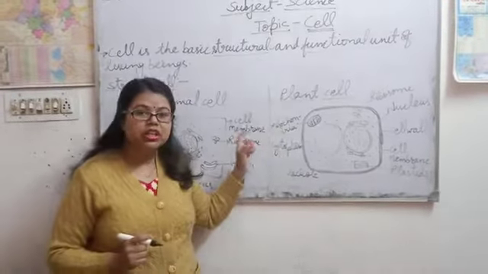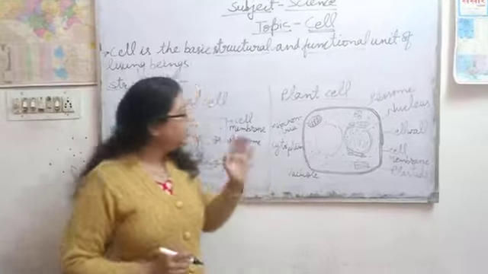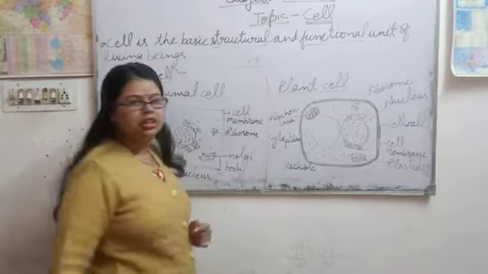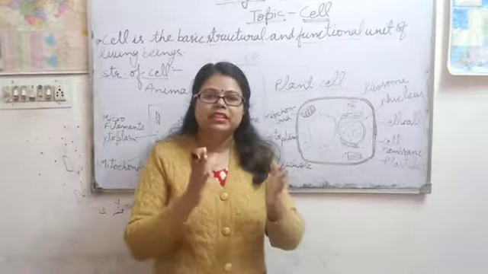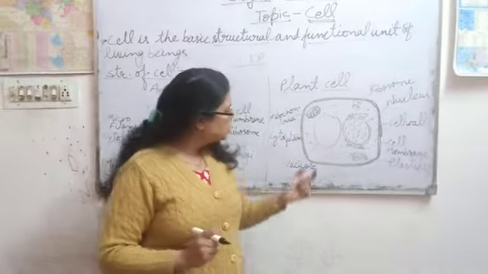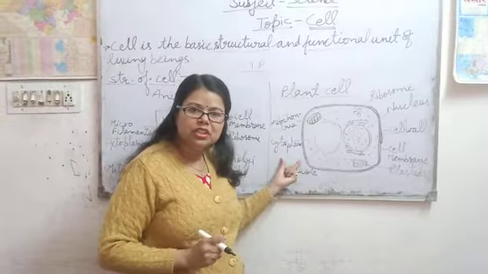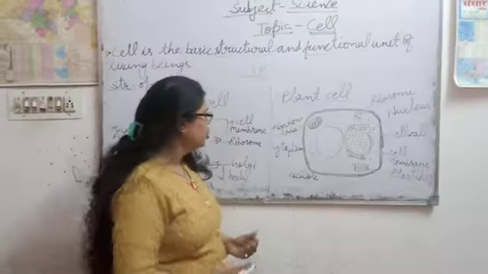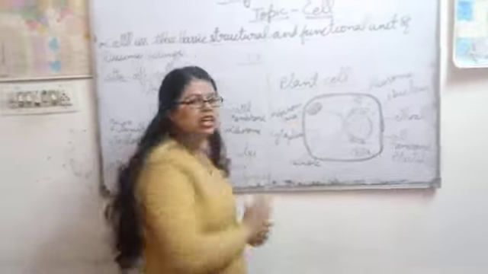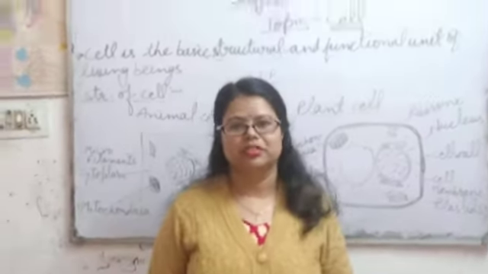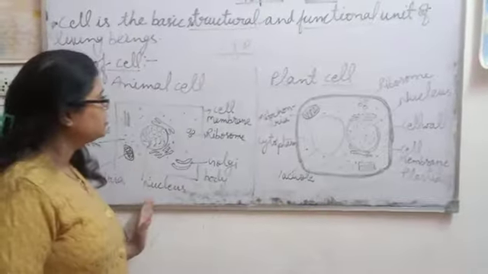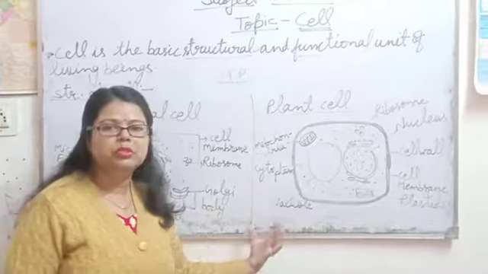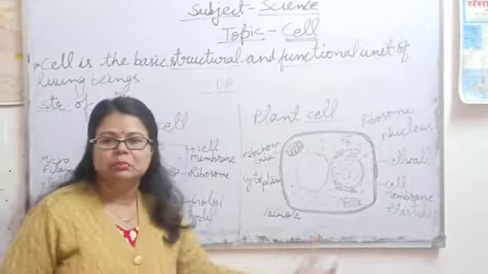It is called the currency of the cell. And due to ATP, when the energy is released, a cell can do many functions, meaning an animal or a plant can do many functions. So mitochondria is called the powerhouse of the cell. This is the basic structure of the cells and these are the basic differences between animal and plant cells.